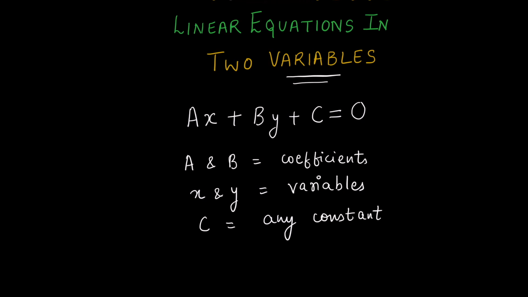So both a, b are real numbers and c is also a real number.